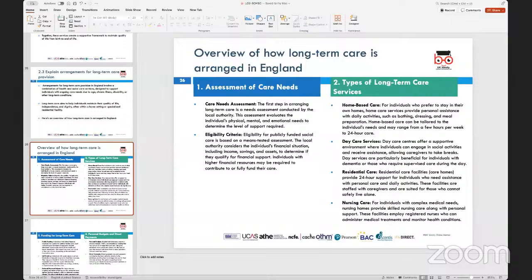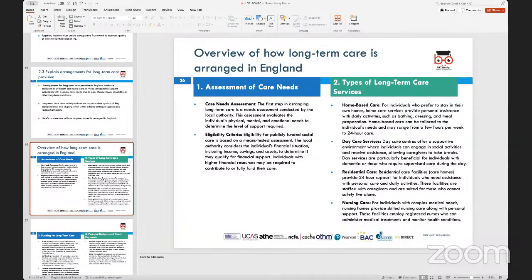The focus here is first to understand what care is needed, whether it's personal care, medical care or any sort of rehabilitation. Do they need home care? Do they need care within a nursing home? That is what we look at when we talk about assessment of care needs.